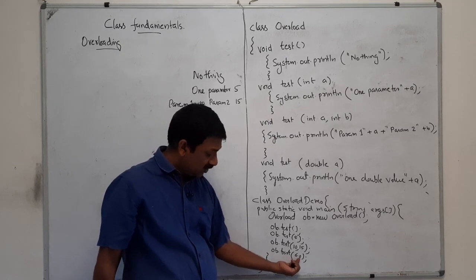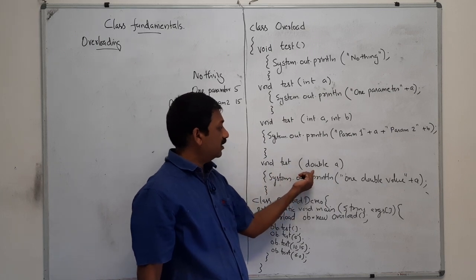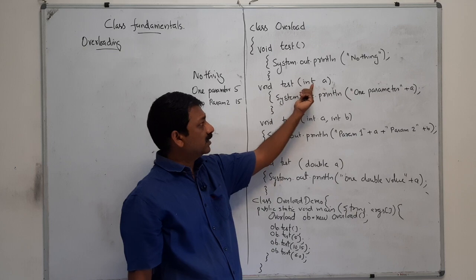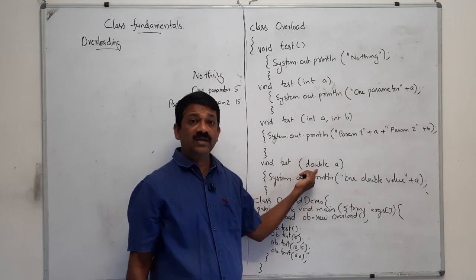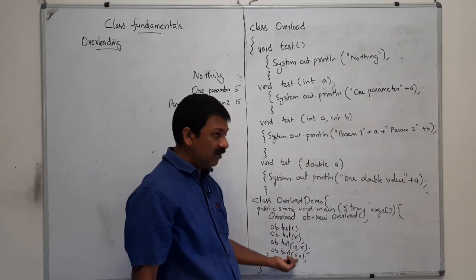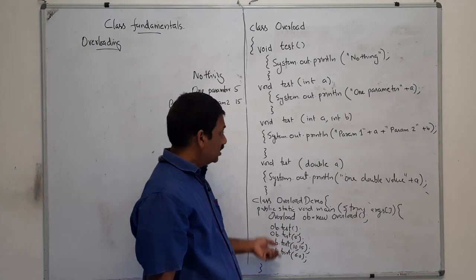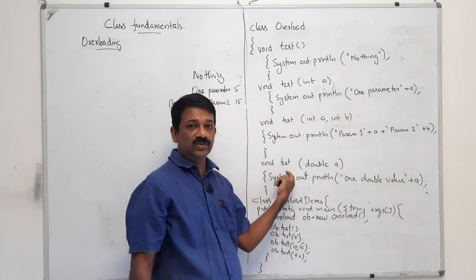And see, if ob.test is called with a single parameter 6.0, that is a double value. This method has a single parameter, and this one also has a single parameter, but this one is expecting an integer value, while this one is expecting a double value. So when we pass this double value, the Java runtime environment knows which method has to execute.